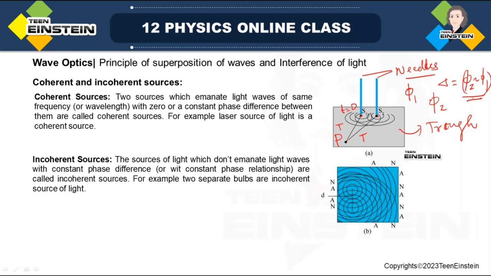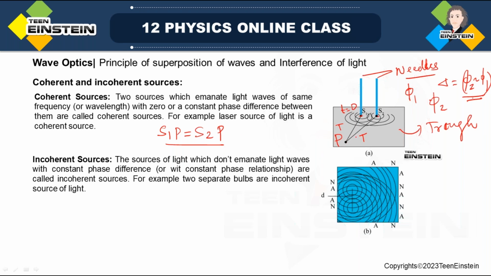Because the waves in the medium have the same speed, the paths S1P and S2P will be the same. So there will be no path difference between the waves on reaching point P. They travel the same amount of path, so they don't have a path difference at all.